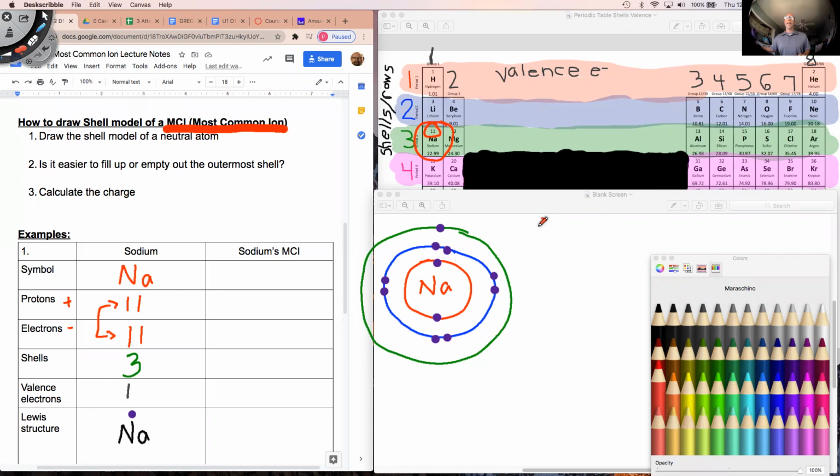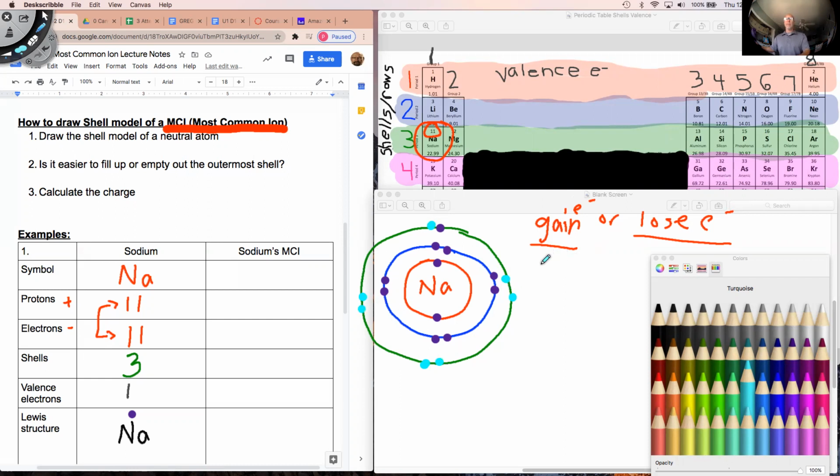So we can either gain or lose electrons, right? So sodium has a choice right now. Sodium could add 1, 2, 3, 4, 5, 6, 7 electrons.